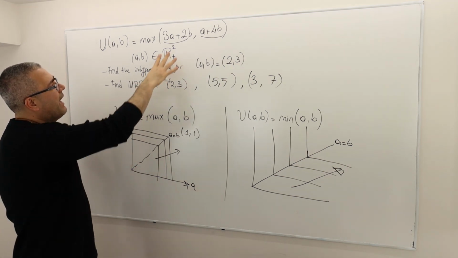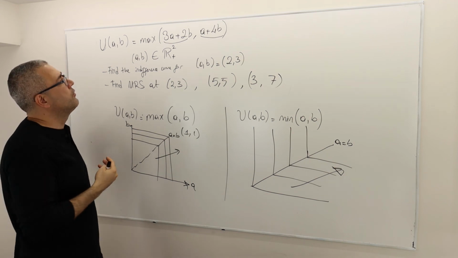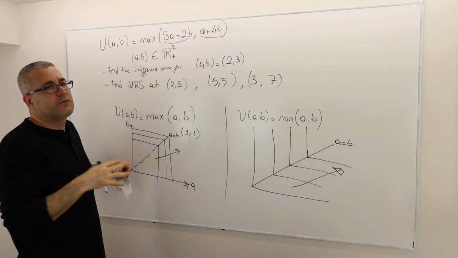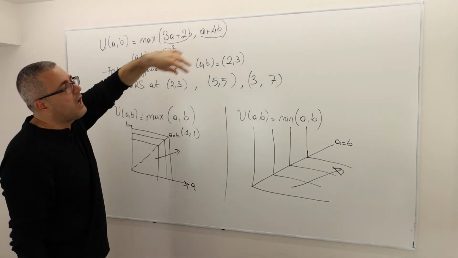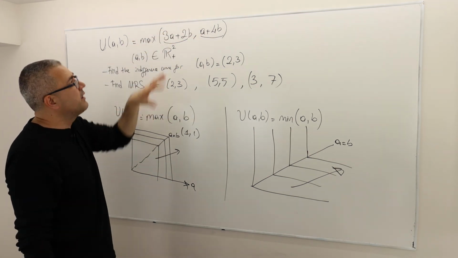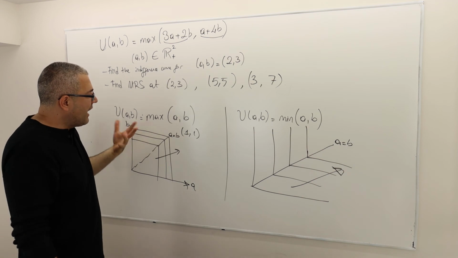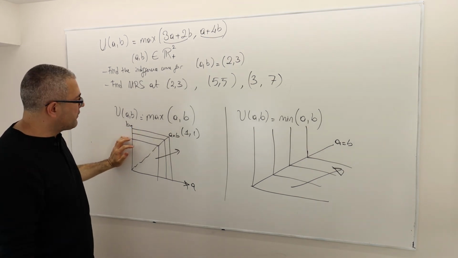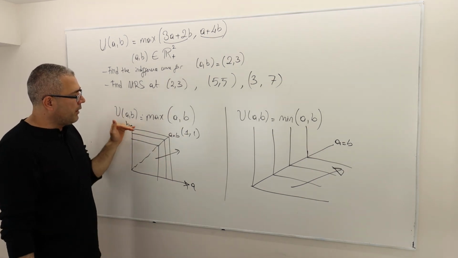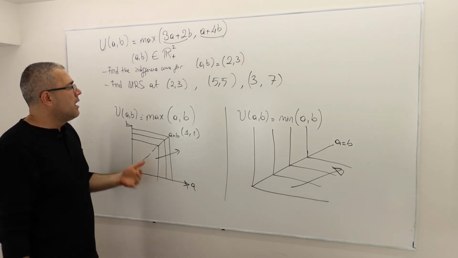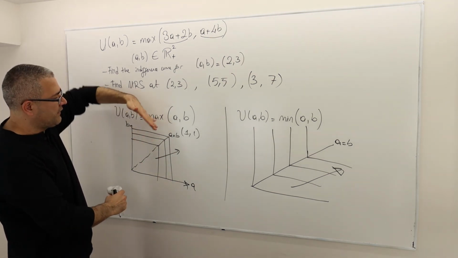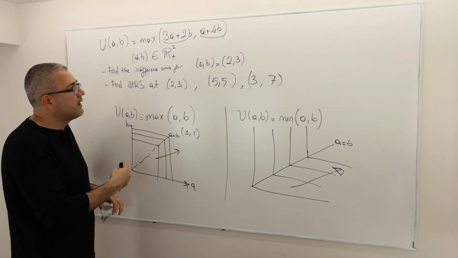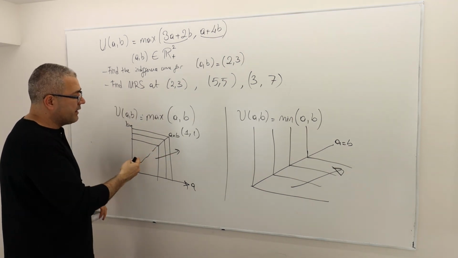When I have a bit more complicated utility function like this one, max of 2 arguments, this is not just A and B, but a combination of A and B in some way, a different combination. But the idea is going to be very similar. Obviously, it's not going to be completely horizontal or perpendicular, but this time it's going to have some angles on both sides. Nevertheless, there's going to be some line.